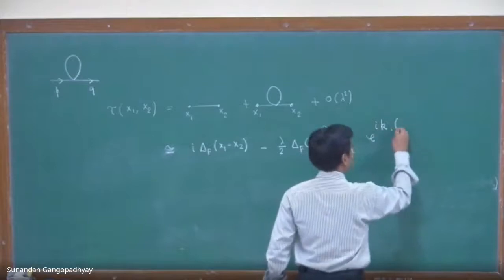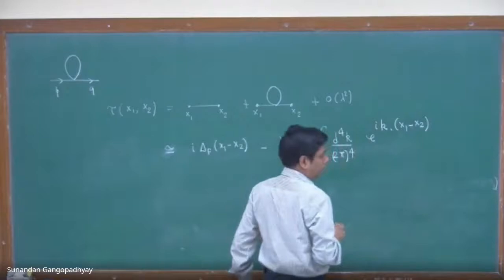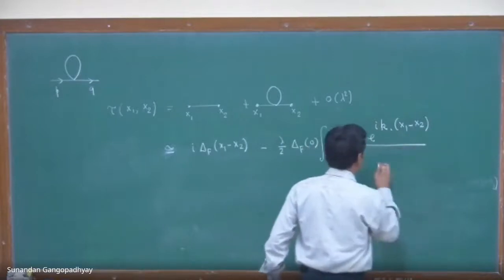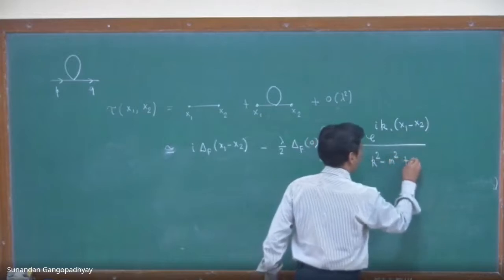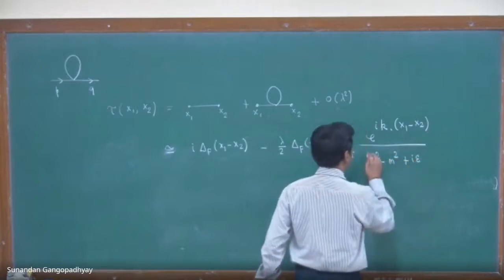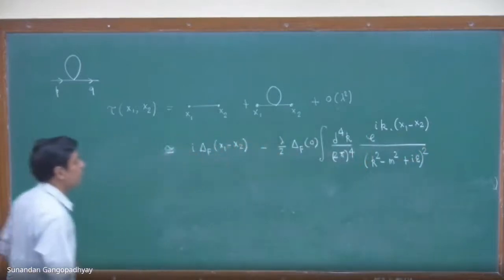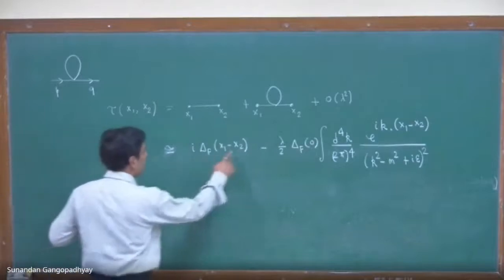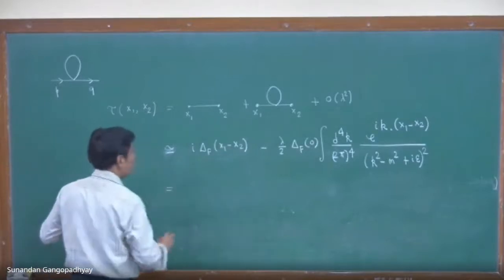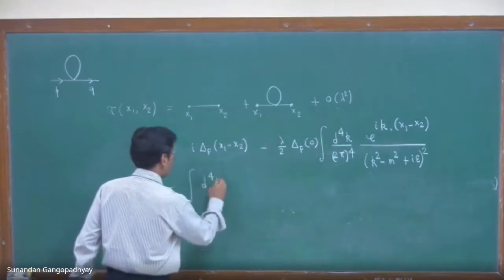This again we can Fourier transform. If I Fourier transform, I will get d^4k.